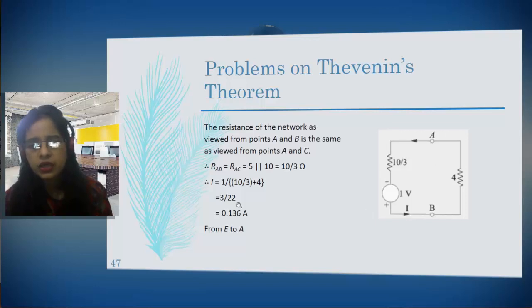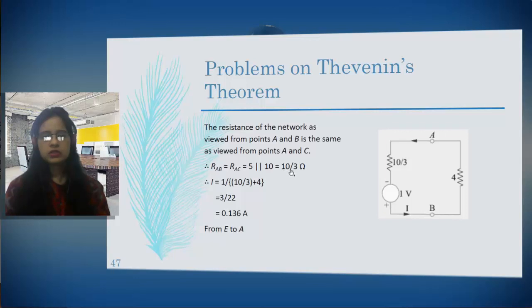The resistances are 4 and 10 by 3, connected in series, so the equivalent is 10 by 3 plus 4. So I will be equal to 1 divided by the equivalent resistance, and the value is 0.136 ampere from E to A.